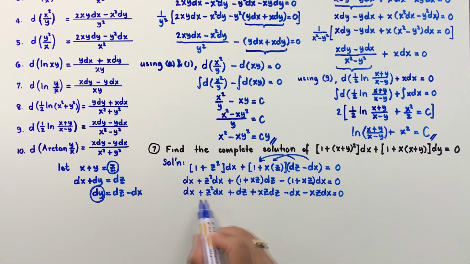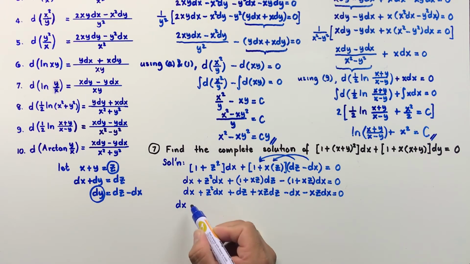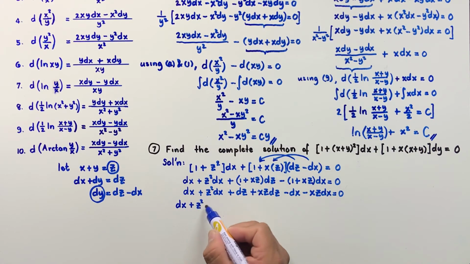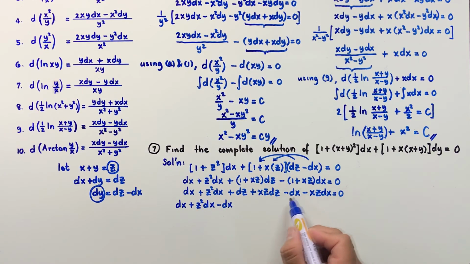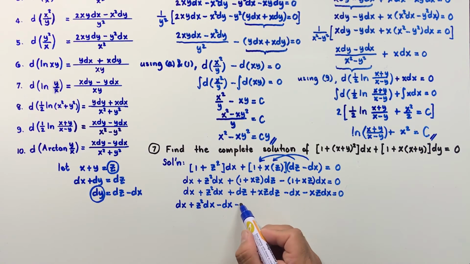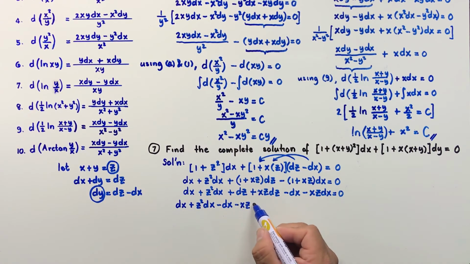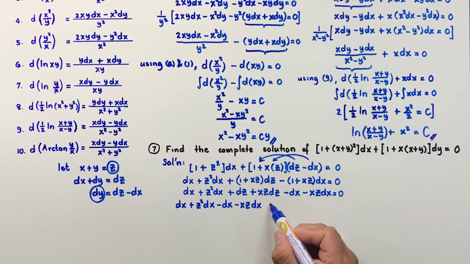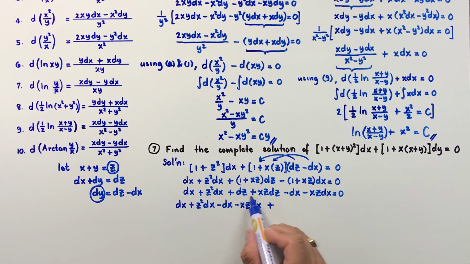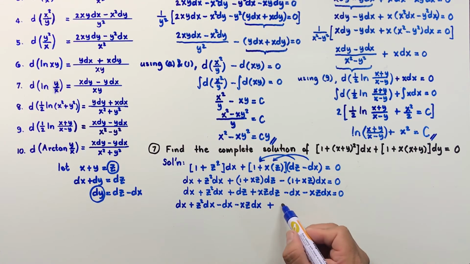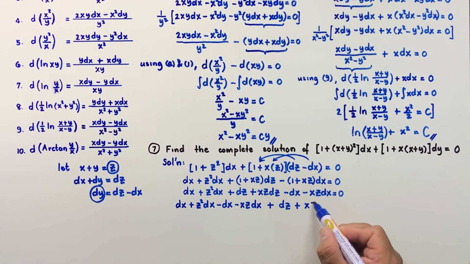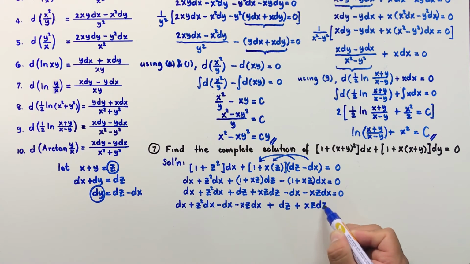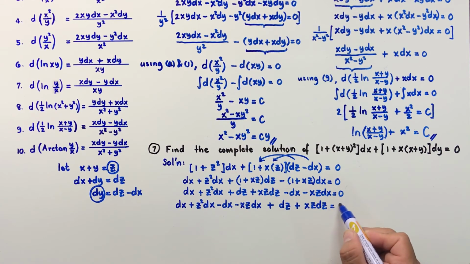Now grouping all the terms having dx here, we have dx plus z squared dx minus dx from this term here, and also this term minus xz dx, and this will be added to these 2 dz terms here, so plus dz plus xz dz, and this is equal to 0.